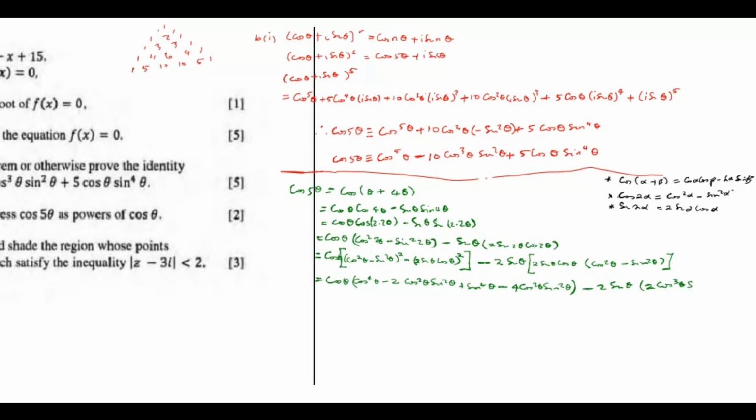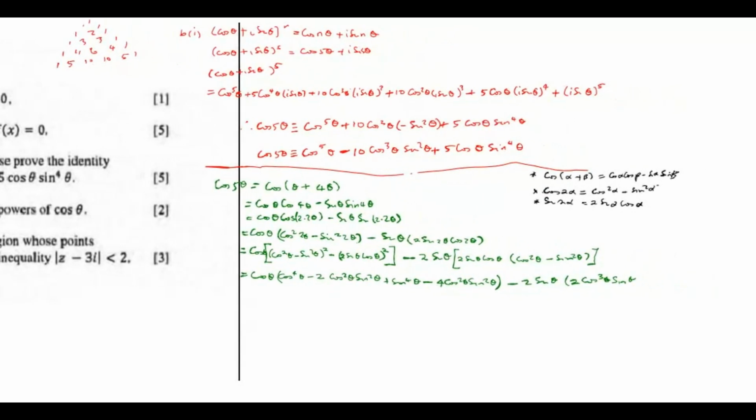Then this again is going to be minus 2, then we only have cos theta, then sine cubed theta.